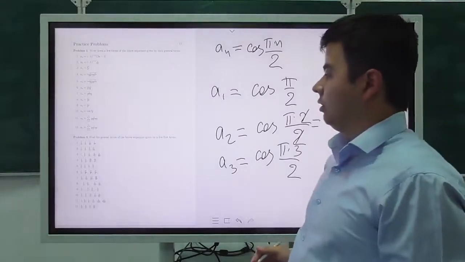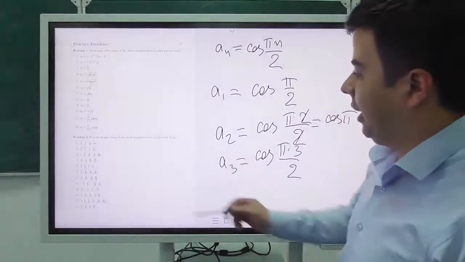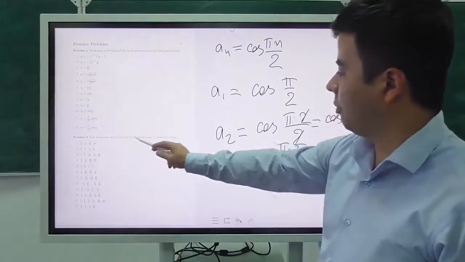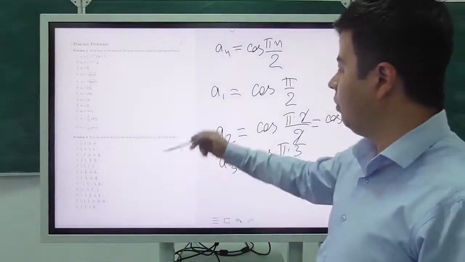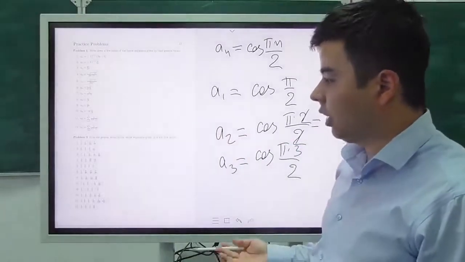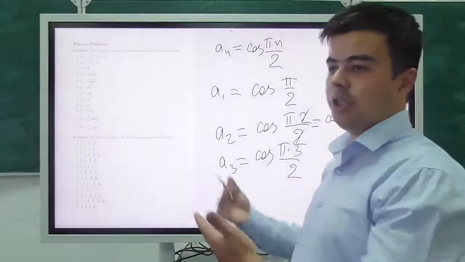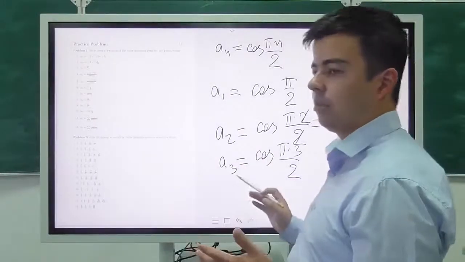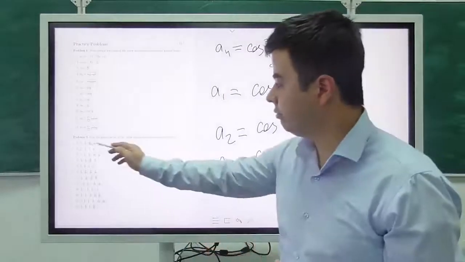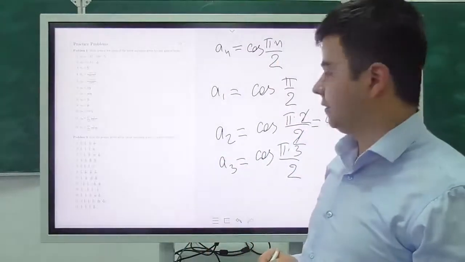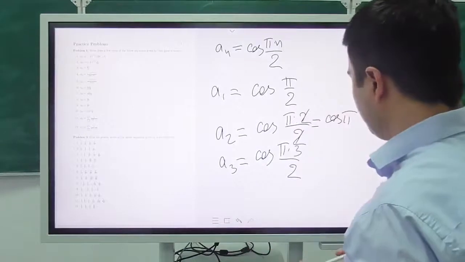Okay, now problem number 2. Find the general term of the below sequence given by a few first terms. So now we need to do the inverse operation. Find the general term from these terms.